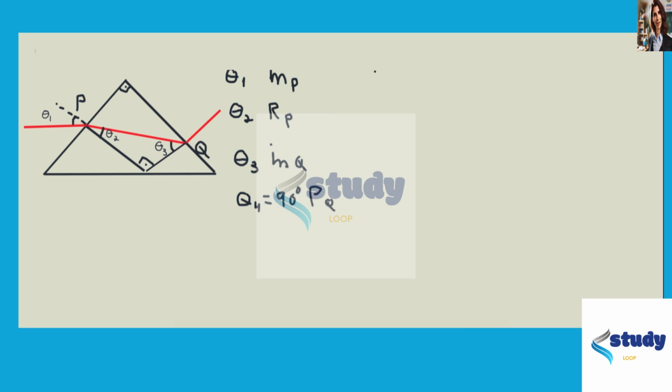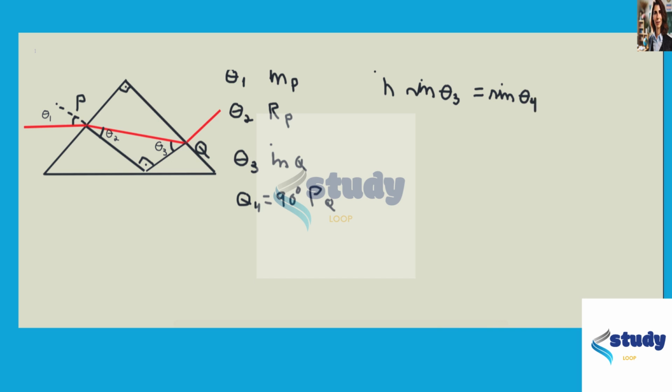So now we can use the law of refraction at point Q. In the second surface we have n sine of theta 3 is equal to sine of theta 4.